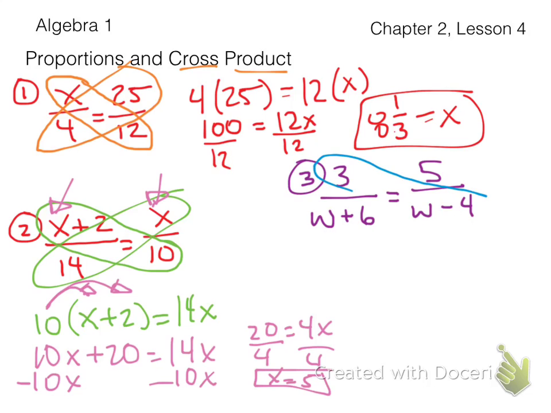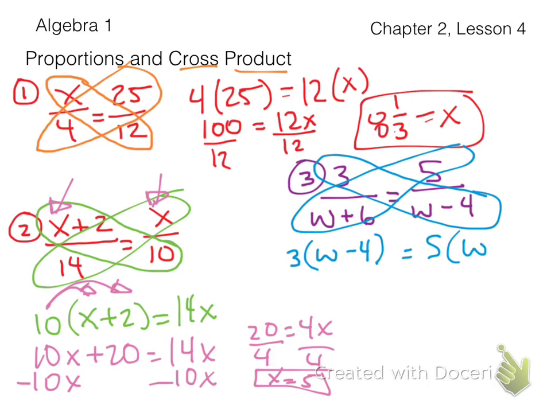All right, so one more example problem. It's going to be very similar to number 2. So I'm just going to go ahead and do it, but I won't talk through it as much. So it's going to be 3 times w minus 4 is equal to 5 times w plus 6. Distributive property. And I already went ahead and added the opposite.